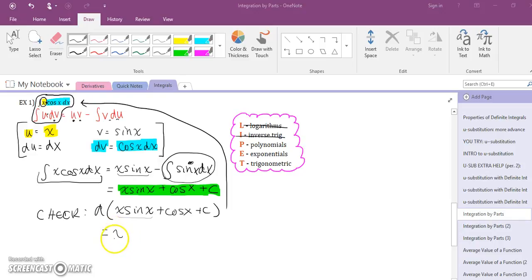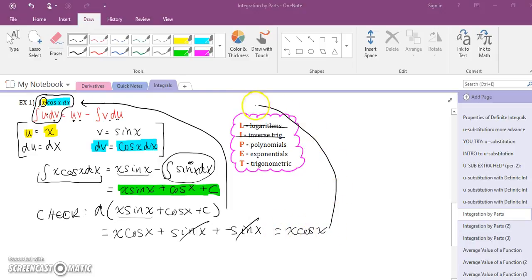Derivative of first times second plus first times the derivative of second, and then plus the derivative of cosine, which is negative sine. Derivative of a constant is 0. Sine x plus negative sine x cancels, and I'm left with x cosine x. Hooray! That's what I started with. So you can see how integration by parts is undoing the product rule.